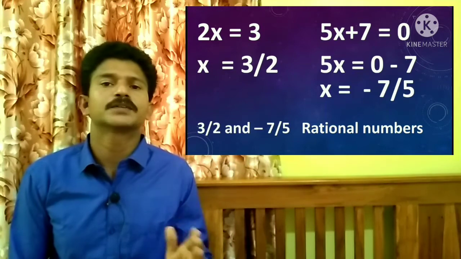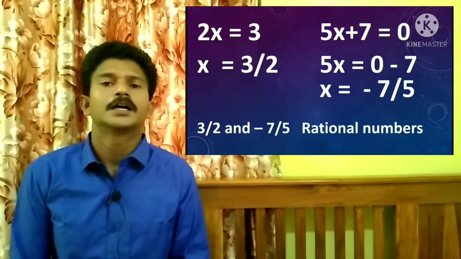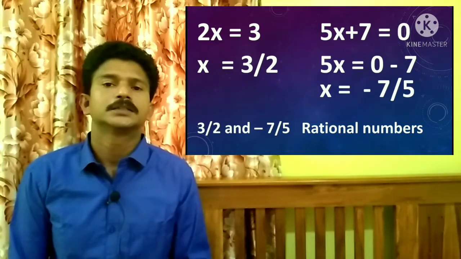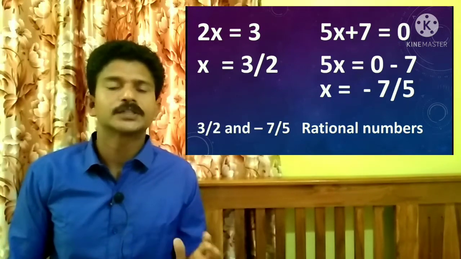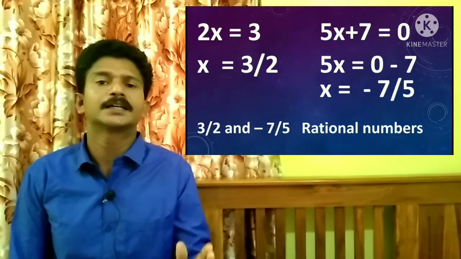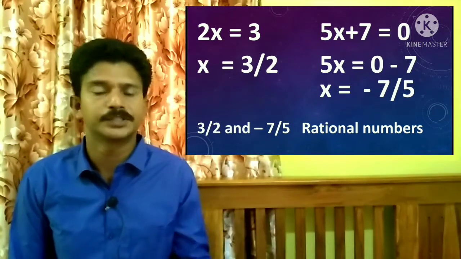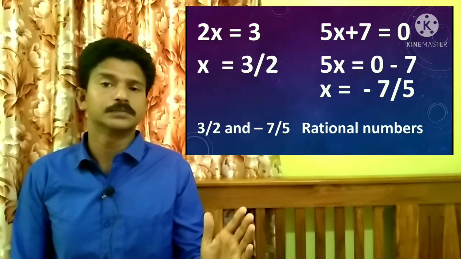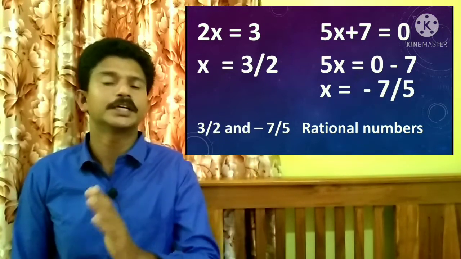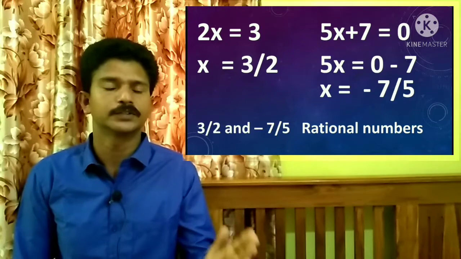So negative 7 by 5 and 3 by 2, these two are the rational numbers which exactly solve these two equations. To solve these equations, we need these rational numbers. We can't put any other number here.